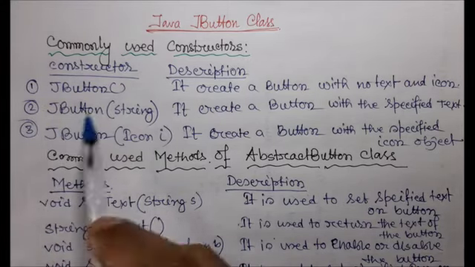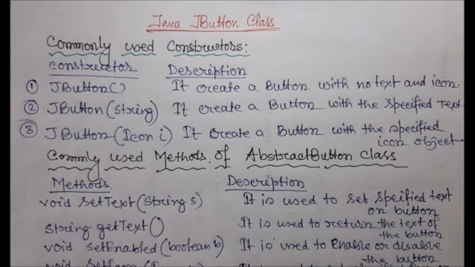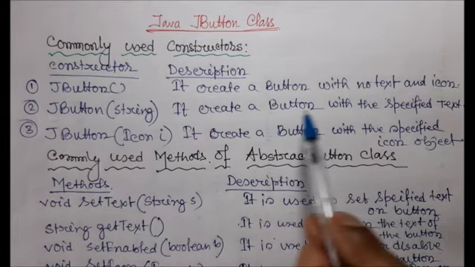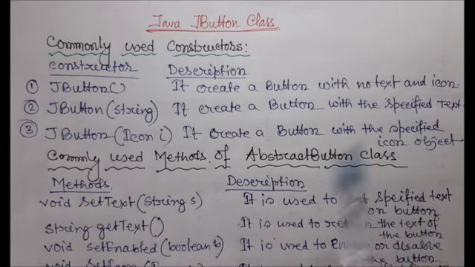Here we have a no-argument constructor, and we have parameterized constructors also; you know the difference between a no-argument constructor and a parameterized constructor. Most of the time we are going to use the first one, JButton(), which creates a button with no text and no icon.